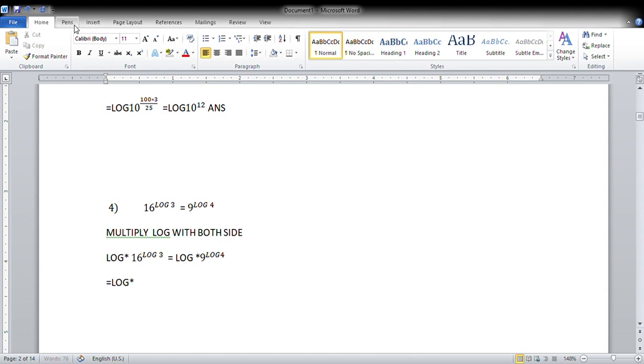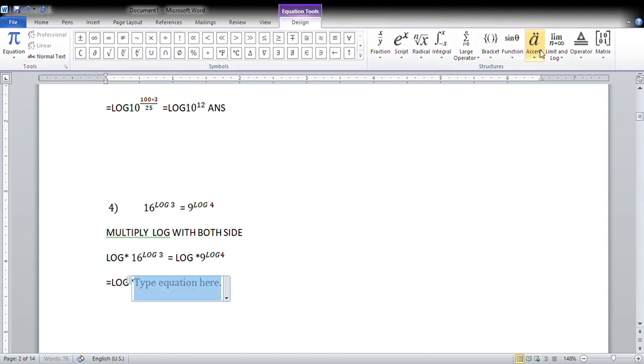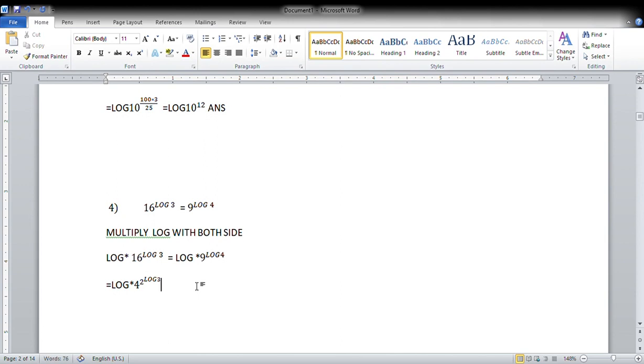So 16 you can write as 4 to the power 2, right? 4 to the power 2, multiplied by log 3, and we can add the log.